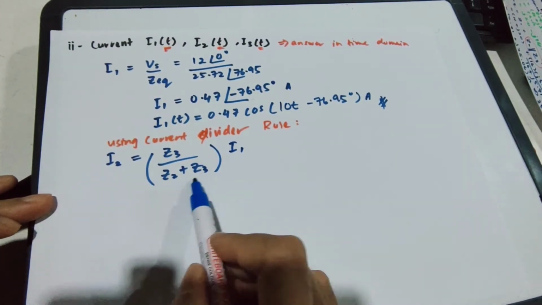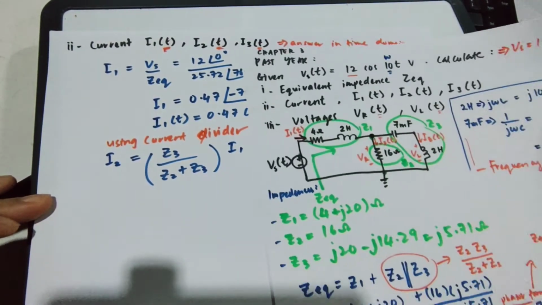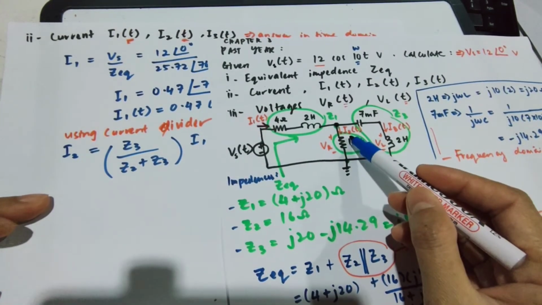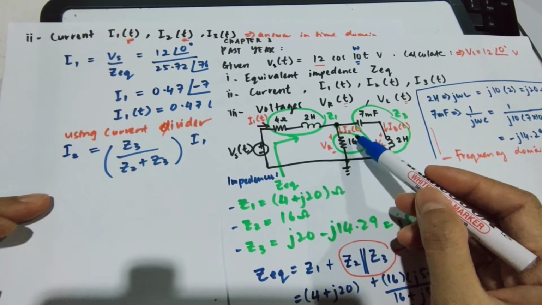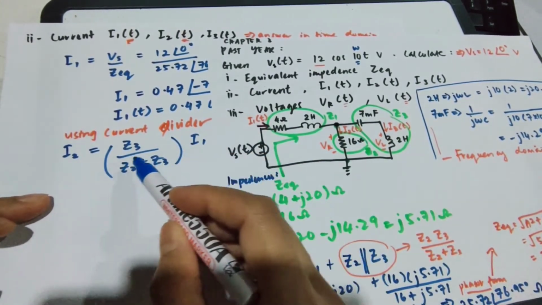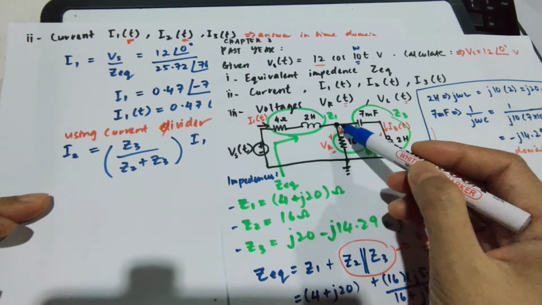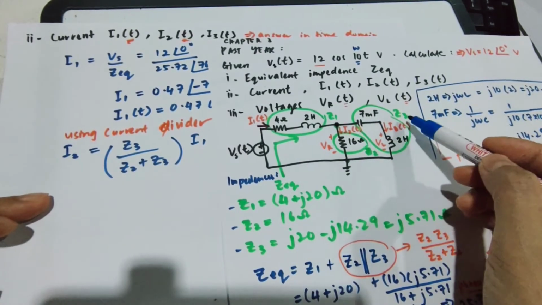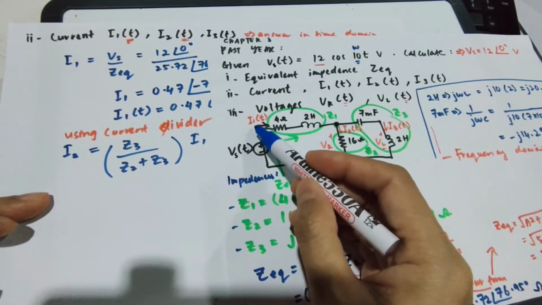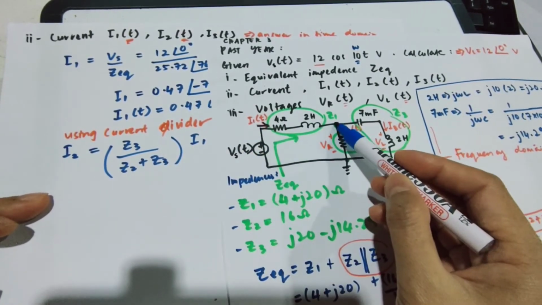So here is the formula for the current divider rule. How do we get this? Let's see the circuit here. Here is I2. Using the current divider rule, on the other branch we get Z3 on top, and the bottom part is the resultant of these two branches, Z2 plus Z3, times I1, because I1 is the source current coming into the node.